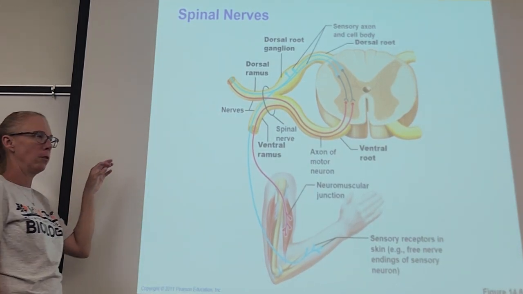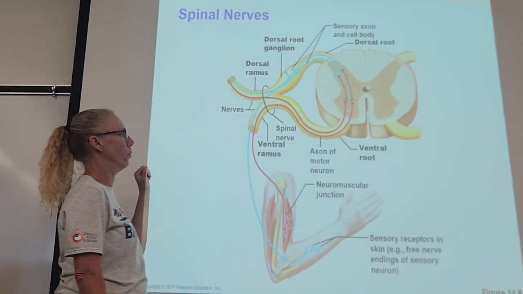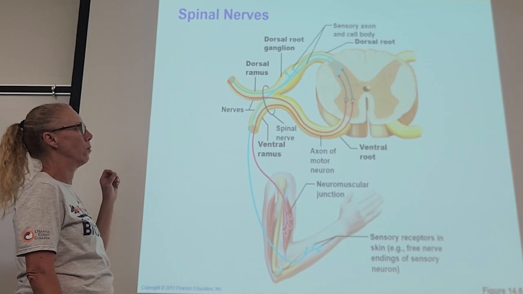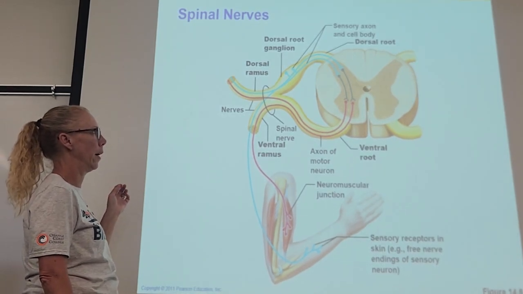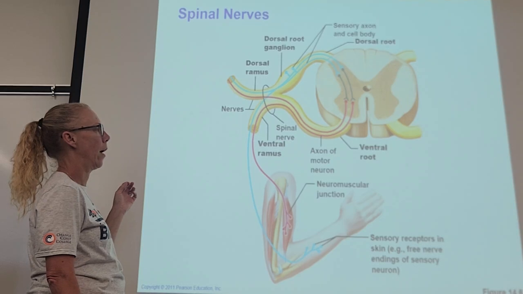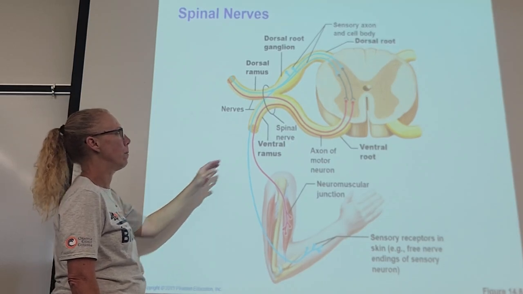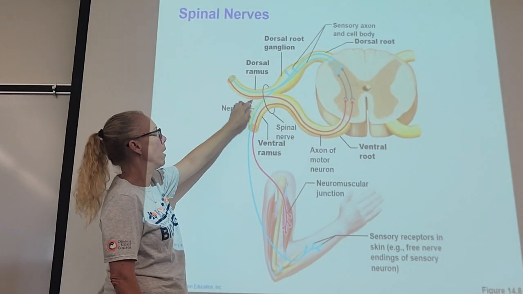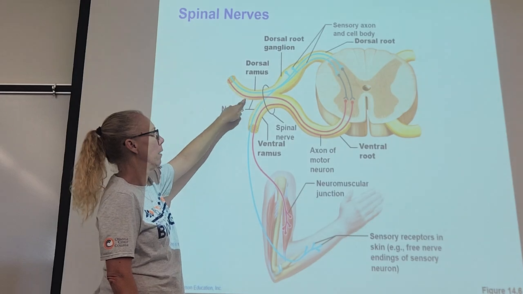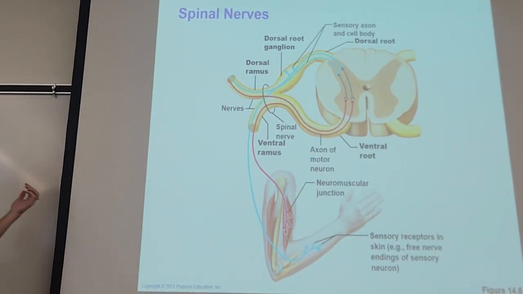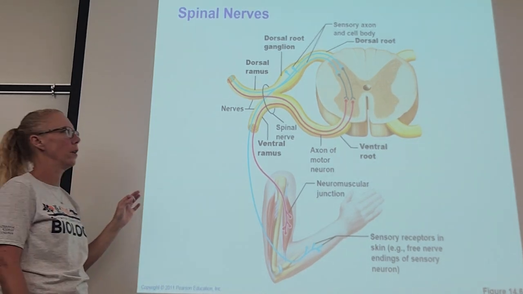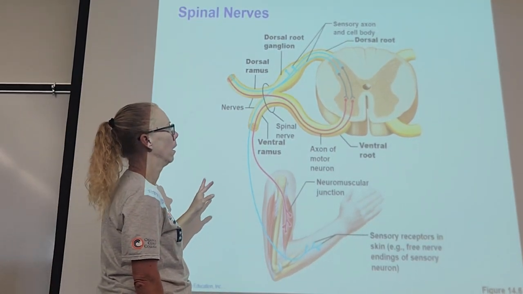The first branch off of a spinal nerve is called the ventral or dorsal ramus. Rami is plural. Depending on where these nerves are going in the body, they're ultimately coming from either a dorsal ramus or a ventral ramus of that particular spinal nerve. We'll get more into that later when we talk autonomic.